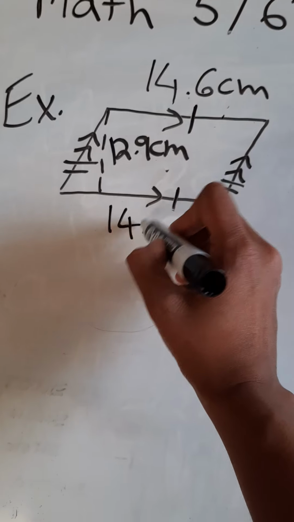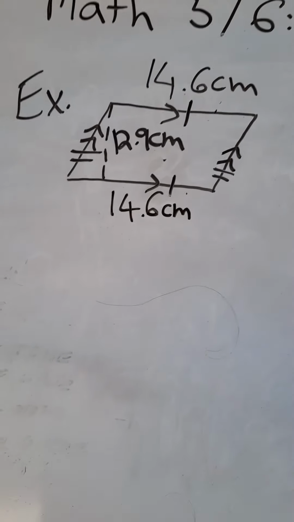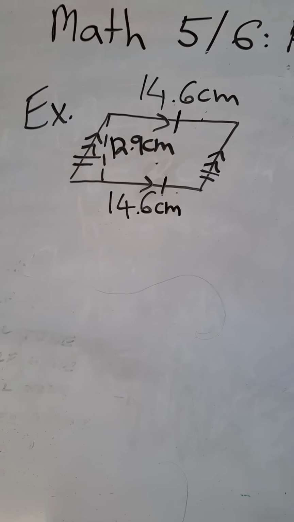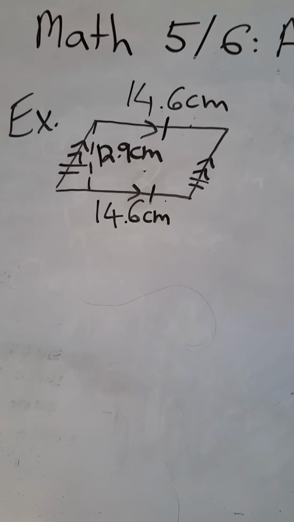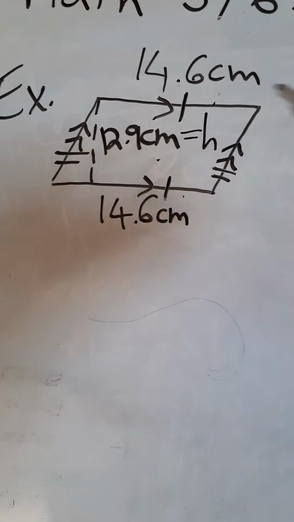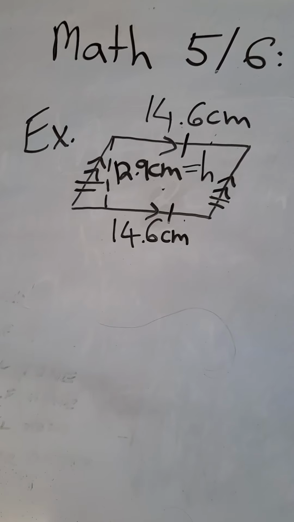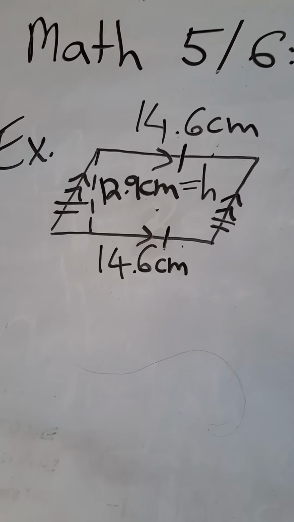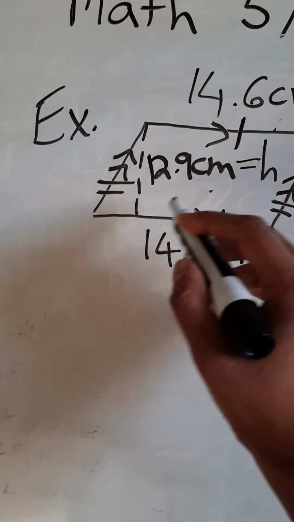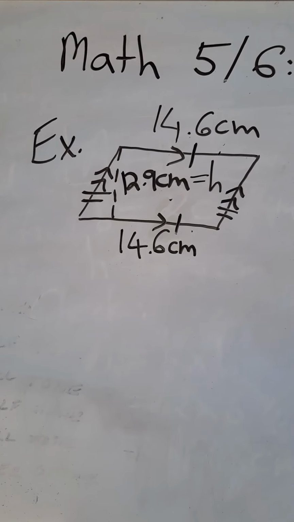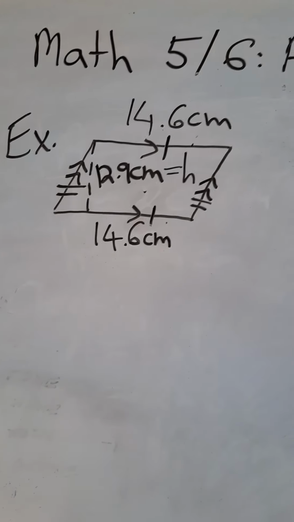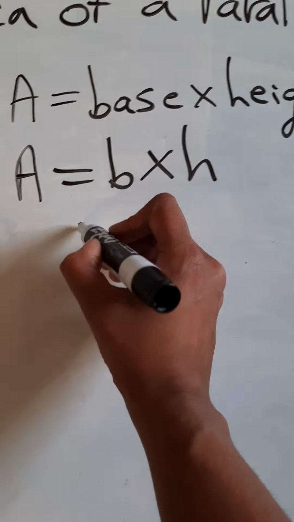So if it's 14.6 centimeters on the top, it's also 14.6 centimeters on the bottom, okay? And this is actually the height of the parallelogram, okay? Because it is in the middle, right there, okay? The height of a parallelogram has to go from the base, okay, all the way to the top of the parallelogram.